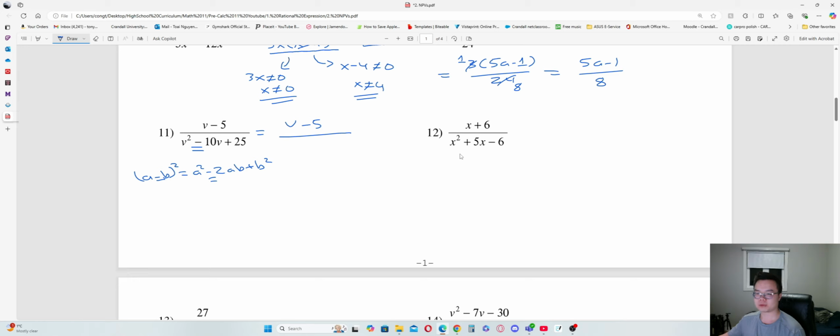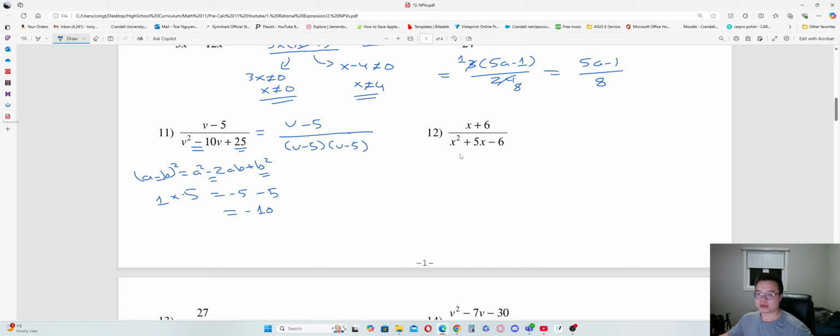So you see here v squared and a squared, they correspond the same as perfect squares. 25 here and b squared, they perfectly correspond as a square because 25 is a perfect square of 5. And then 2ab, because the v we have is 1, and then here we have 5, and negative times negative 5 equals minus 5 minus 5, then we'll have minus 10. So this is my perfect square trinomial for v minus 5 and v minus 5.